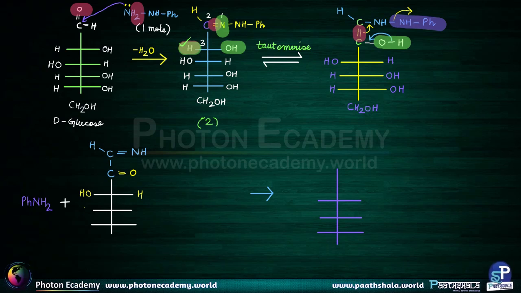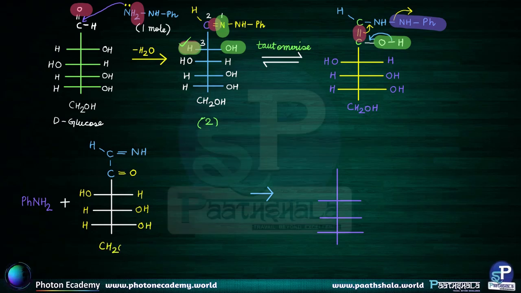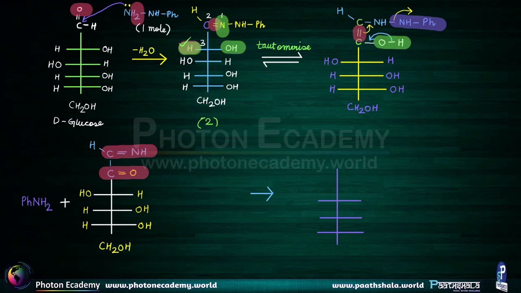So we're going to draw it as it was before. Now we are left with this particular structure over here. In this structure, we can clearly see that we have a C double bond O and a C double bond NH. Now, we are going to react these two double bonds with the 2 moles of hydrogen which were initially provided to us.